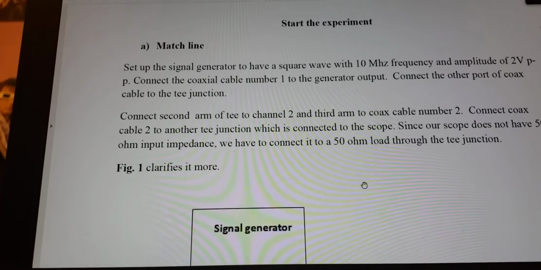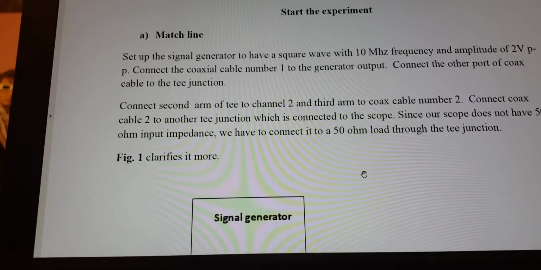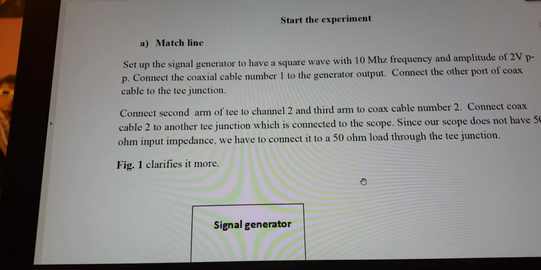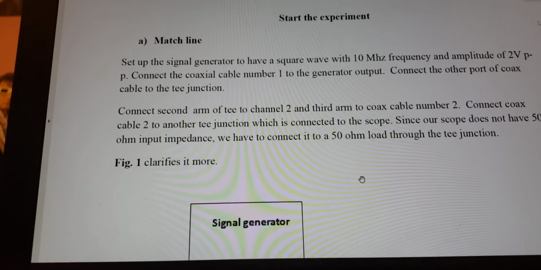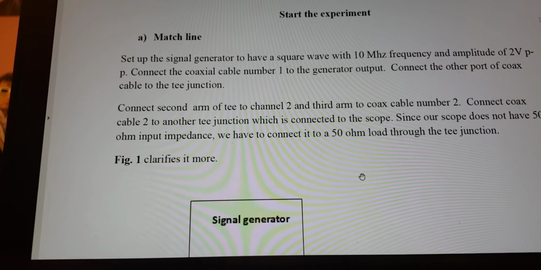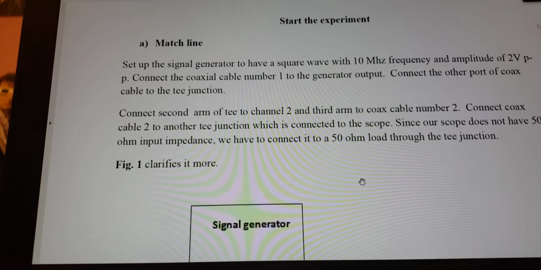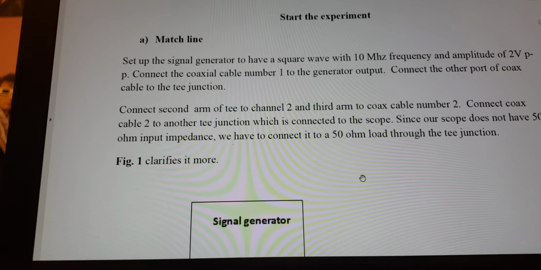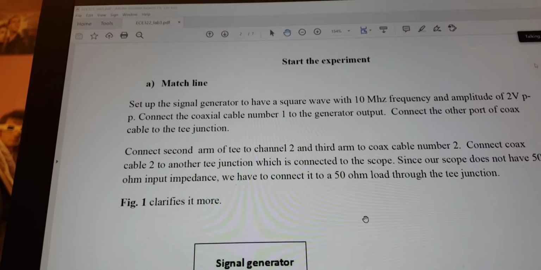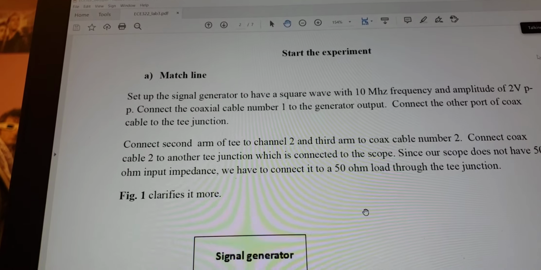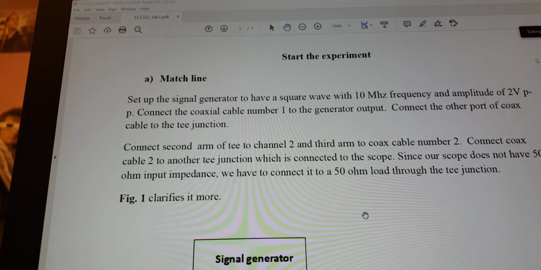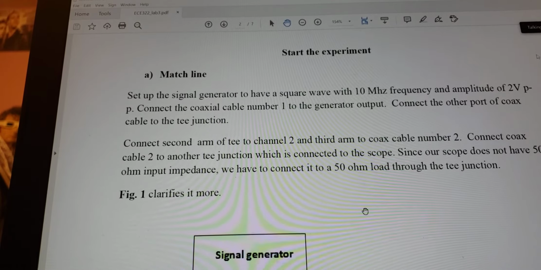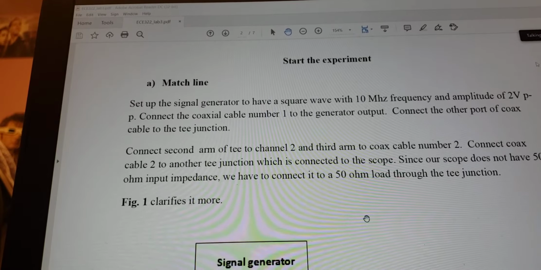We will do this in two cases: with the termination load and without the load. The load equals 50 ohm, because our transmission line is coaxial cable and its characteristic impedance is 50 ohm. So when we want to make it matched, we have to connect 50 ohm here.